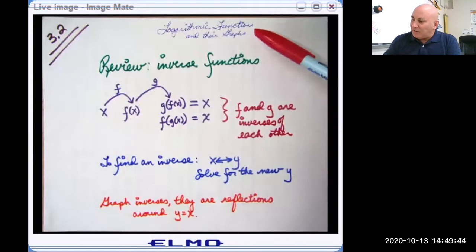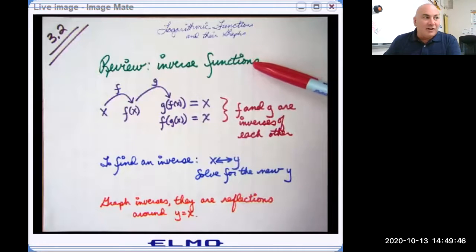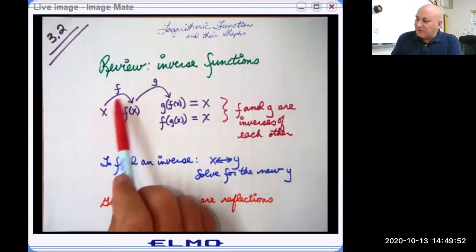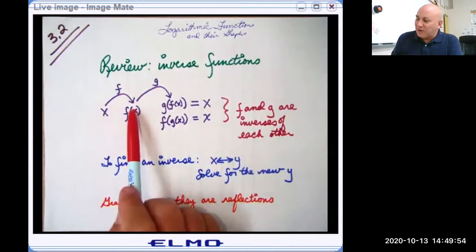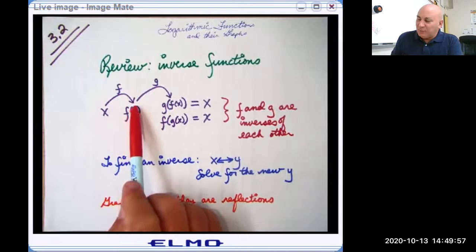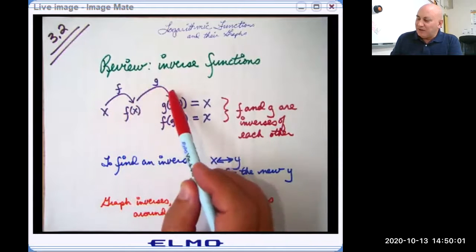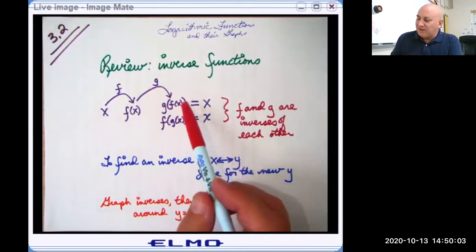Before we can do logarithms, we need to review what inverse functions are. So here's functions f and g, and you can see that function f takes x and gives us an output f of x. And then we use that output f of x as the input for g. So that's g of f of x.